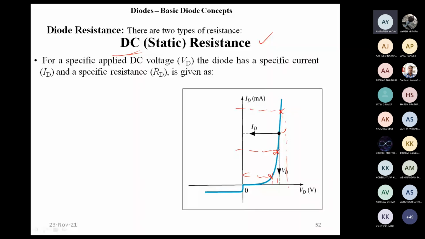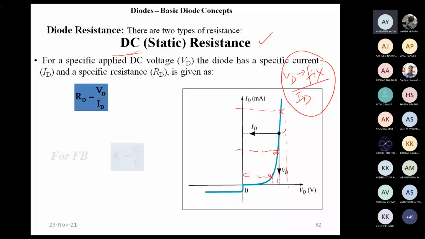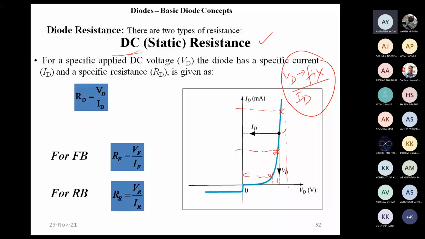But suppose we fix the voltage, then there is a corresponding value of the current. So for a fixed value of voltage, there is a fixed value of the current, and the ratio is the DC resistance. The voltage is not changing here; this is a DC voltage.